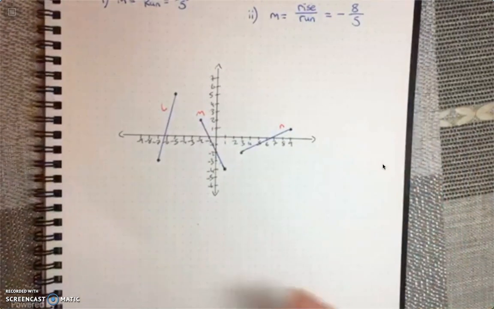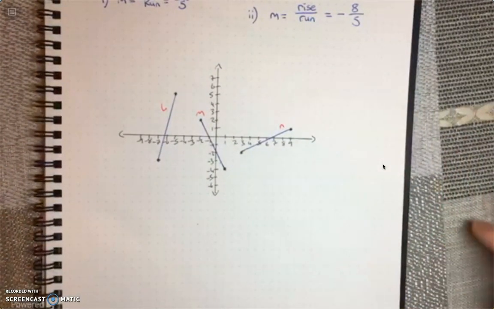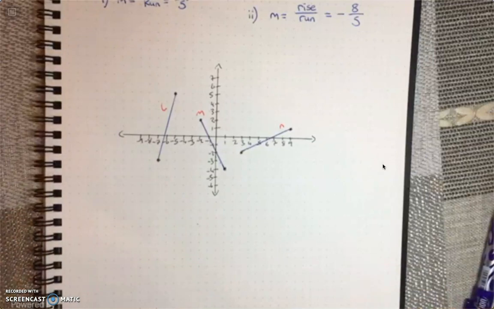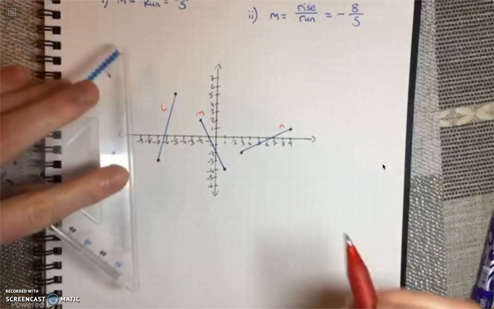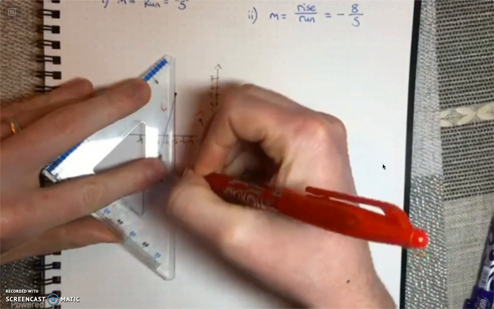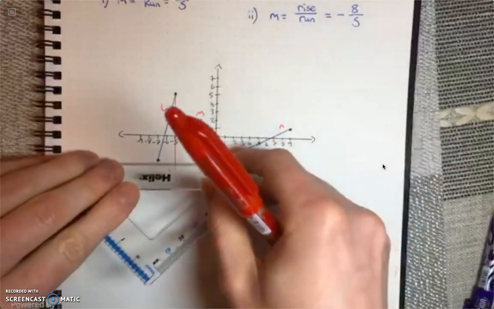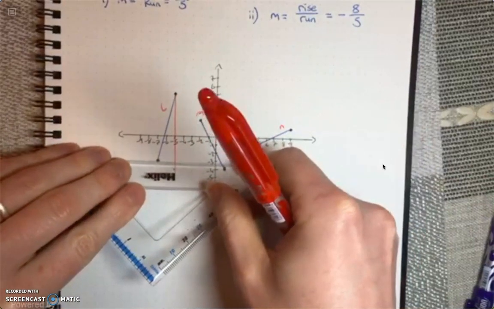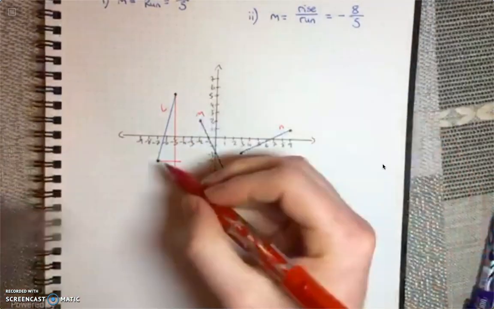And now I'm going to do this one. So this was just random, okay? I picked the points, I just made them up. I drew this, and we're just going to find the slopes, okay? So L, I start at this point and draw a line vertically, and I start at this point and draw a line horizontally. It meets there.